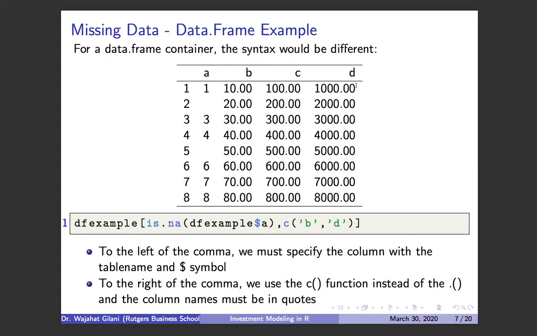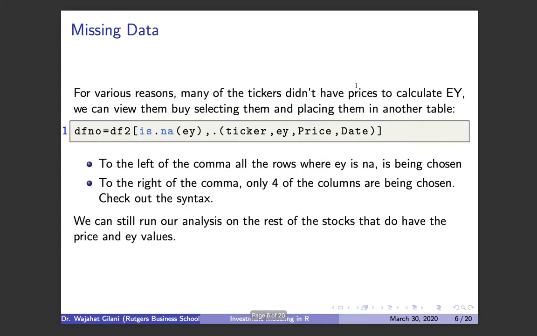Wherever the EY value does not have a value, I want to get rid of it. We can use the is.na function, but I'm going to show you how that doesn't necessarily always work. So there's another function we're also going to use in conjunction with it.